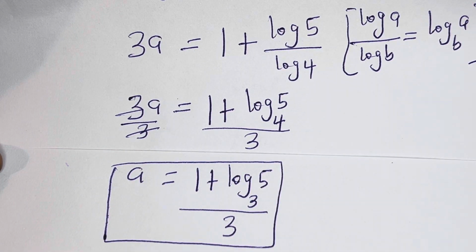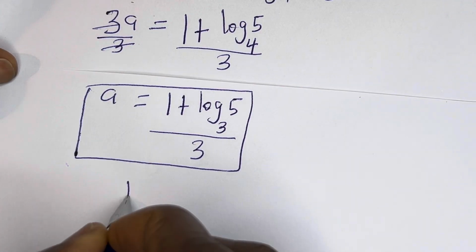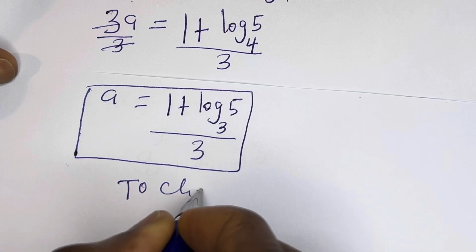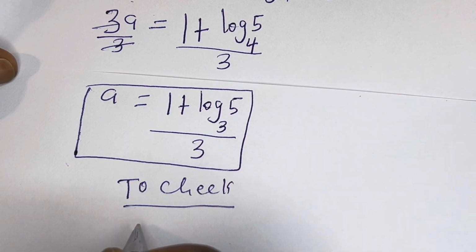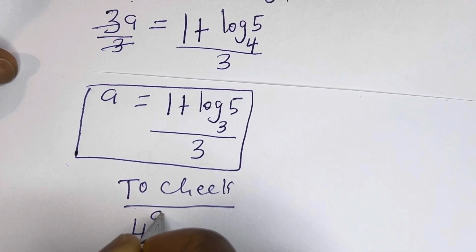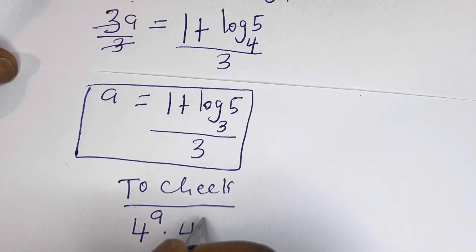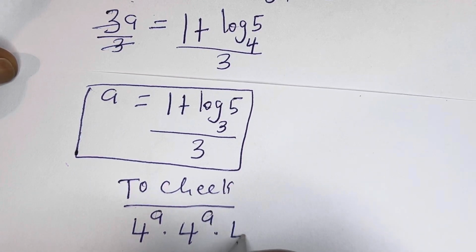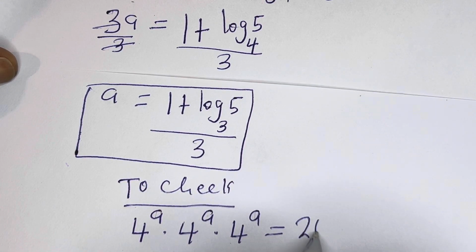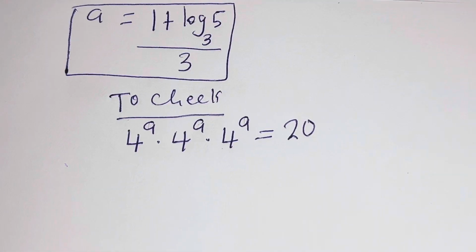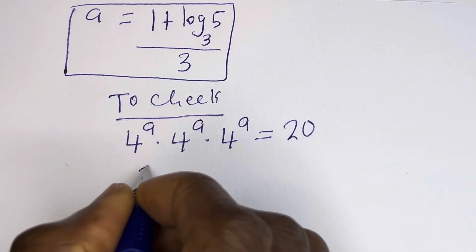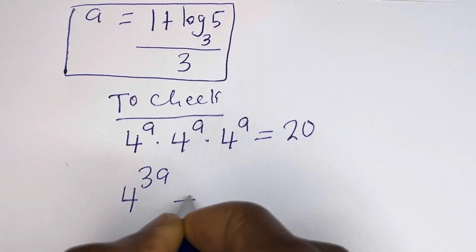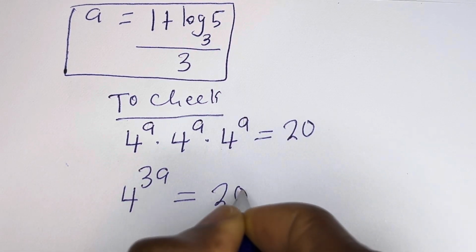Let's check. To check, we have the given equation 4 to the power of a multiplied by 4 to the power of a multiplied by 4 to the power of a is equal to 20. Then this can be written as 4 to the power of 3a is equal to 20.